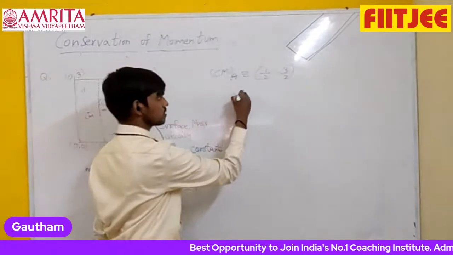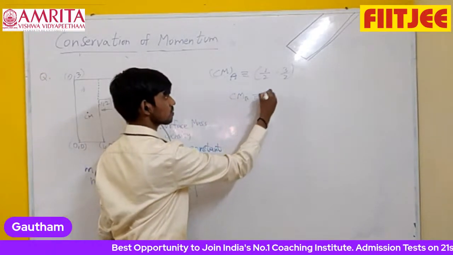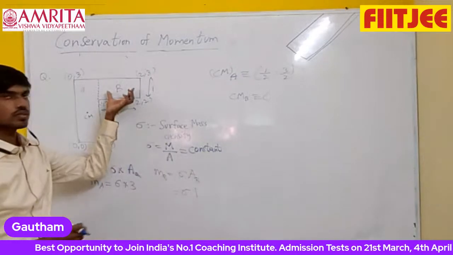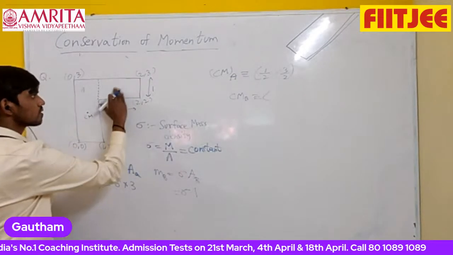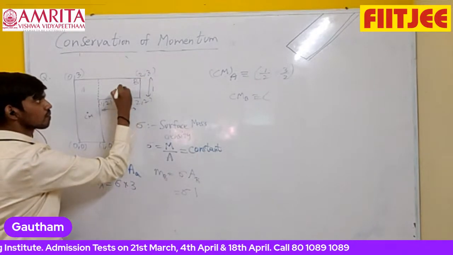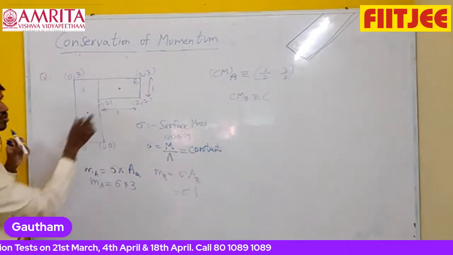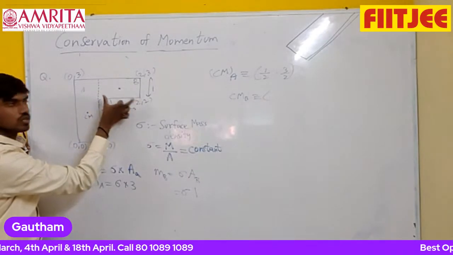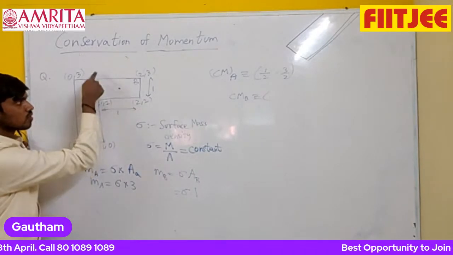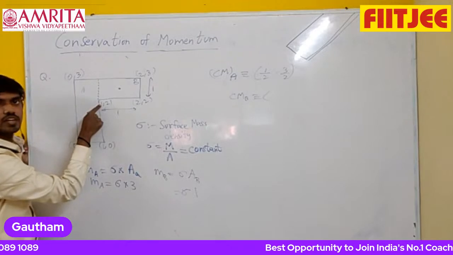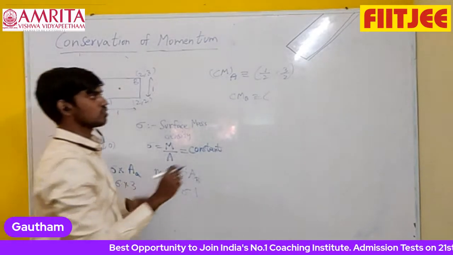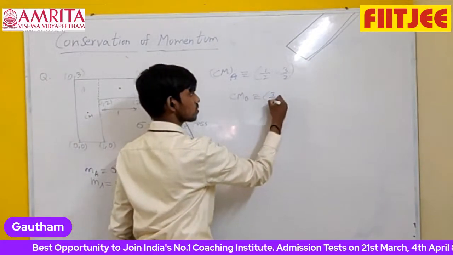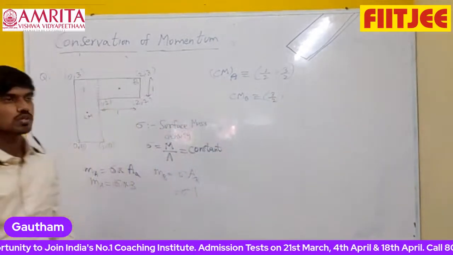Similarly, center of mass of B is, square, so this length is 1, so center of mass will be at the center, so half unit from here, total unit is 1, so half unit from here. What is this? This already having a x coordinate of 1, so 1 plus half, so the total value will be 1 plus half, which is 1.5 or 3 by 2.